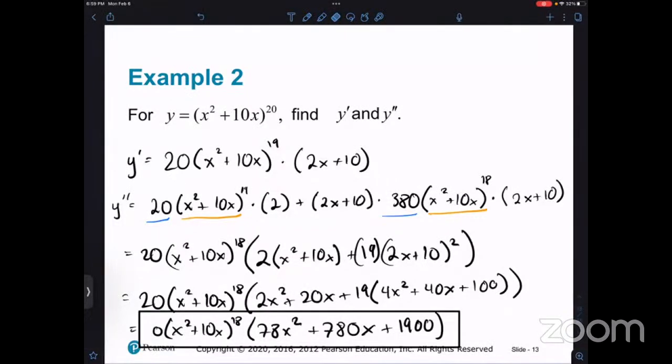That 78 is going to become a 39. 780 is going to become 390. And if there were 1800, that would be what, 900? So 950.